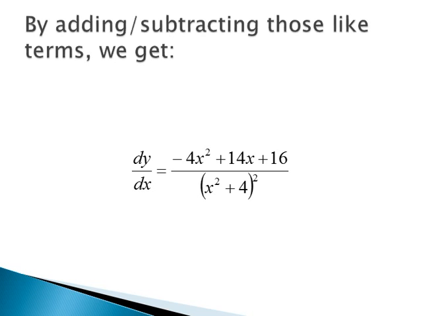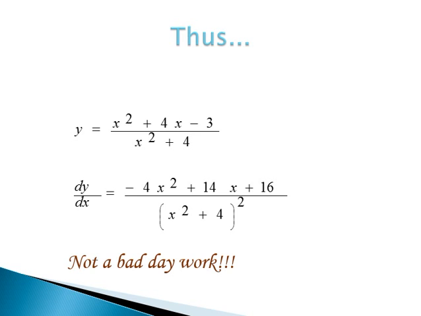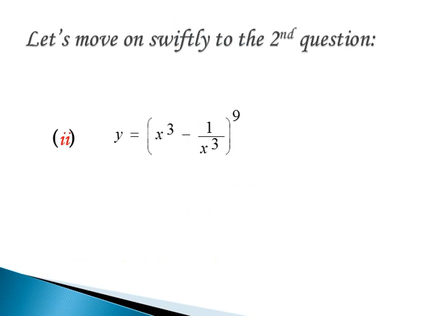So by adding and subtracting the like terms, we get dy/dx equals (minus 4x squared plus 14x plus 16) all over (x squared plus 4) all squared. Thus if y equals (x squared plus 4x minus 3) over (x squared plus 4), dy/dx equals (minus 4x squared plus 14x plus 16) all over (x squared plus 4) all squared. And that's sum done.